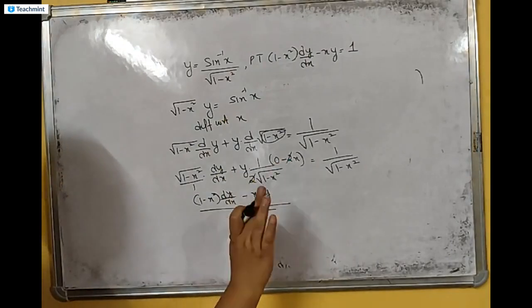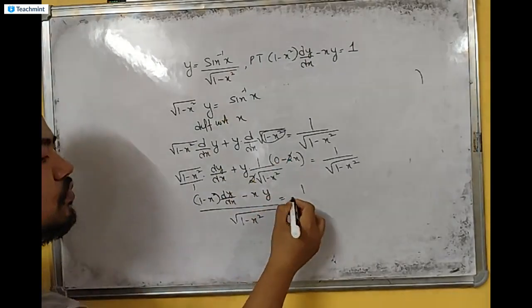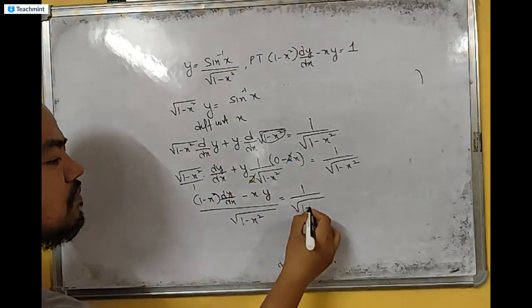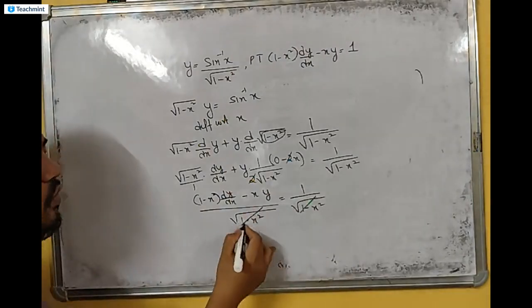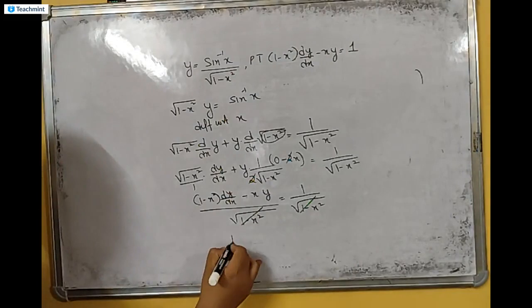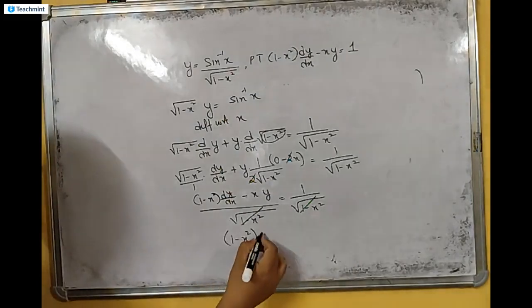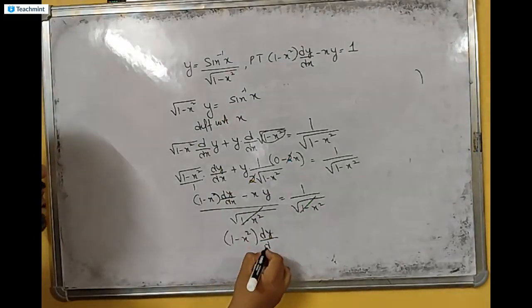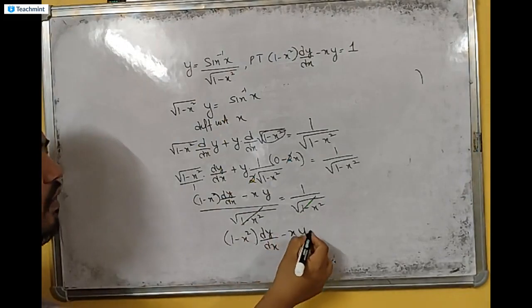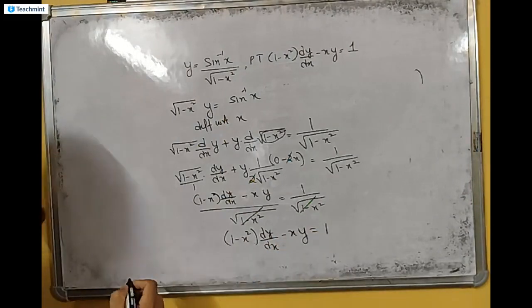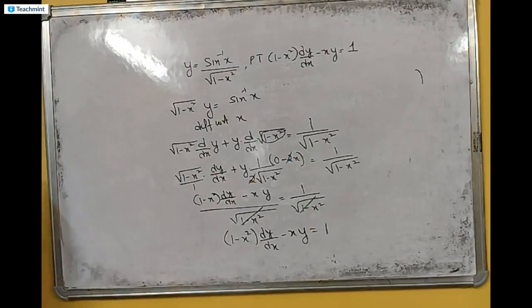So xy will be written as it is, equal to 1 divided by under root 1 minus x squared. So root and root get cancelled. So guys, the final answer is 1 minus x squared dy by dx minus xy is equal to 1. That is what you're supposed to prove.